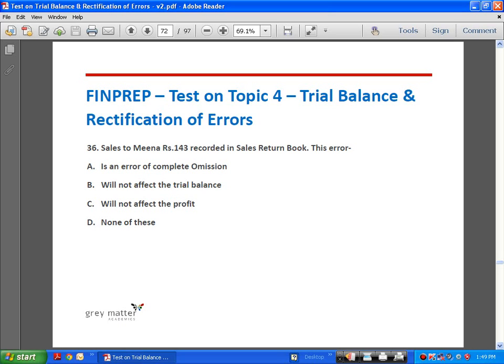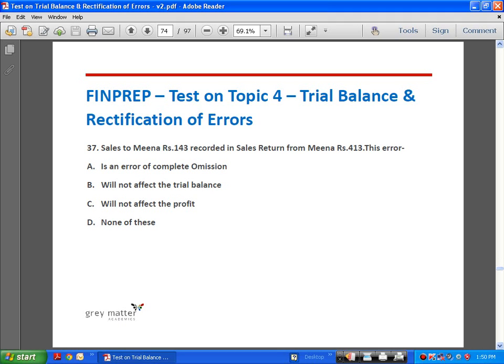Second, it will not affect the trial balance. Yes, it will not affect the trial balance because the error has been made in the source itself. So B is the correct statement. It will not affect the profit is a wrong statement because it will definitely affect the profit. Sales is being shown as sales returns, hence revenue is not being recognized. In fact, revenue is being reduced. So it will definitely affect the profit. So answer is B.